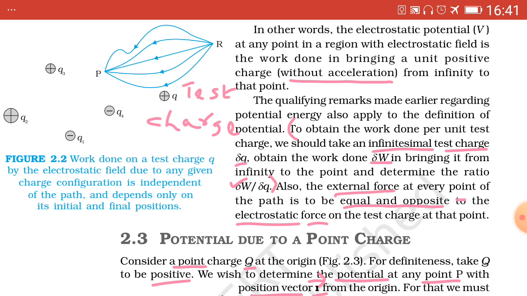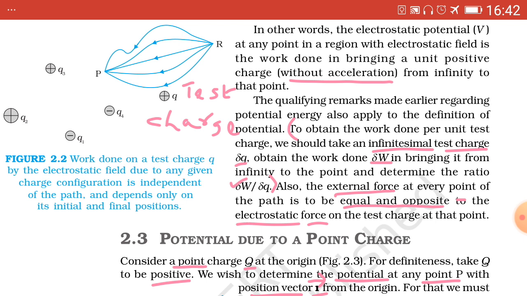And this work done in bringing a unit positive charge is without acceleration from infinity to that point, here capital P in the diagram. Without acceleration means at constant speed or velocity, and that too very slowly, which we have seen in the previous description.